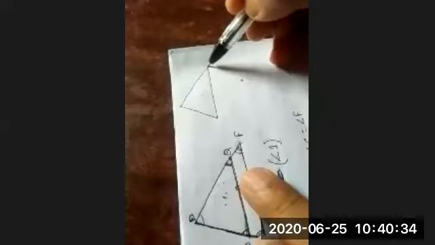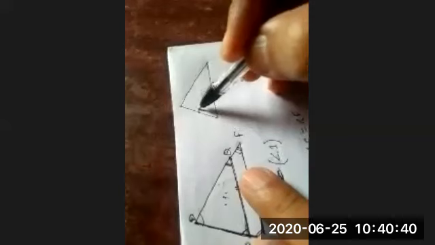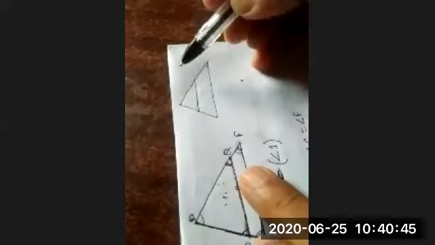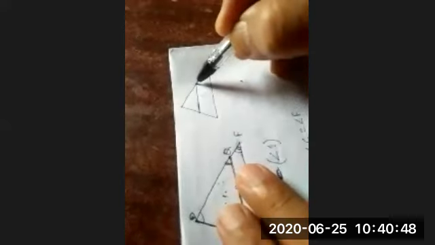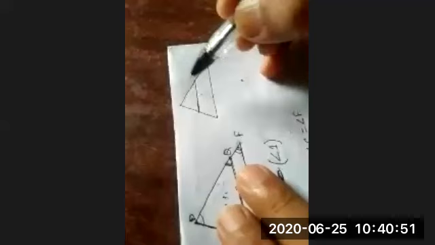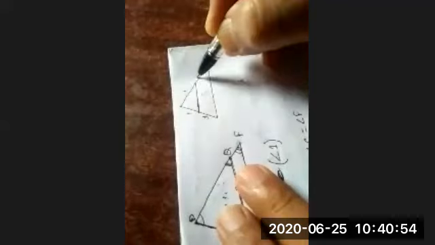So PQ will be parallel to EF. Yes, sir. Because of the theorem you have gone through: if a line intersects two sides of a triangle, or the midpoint theorem, isn't it? So here it is called a midpoint because it has divided in a 1:1 ratio, that is, in equal ratio.